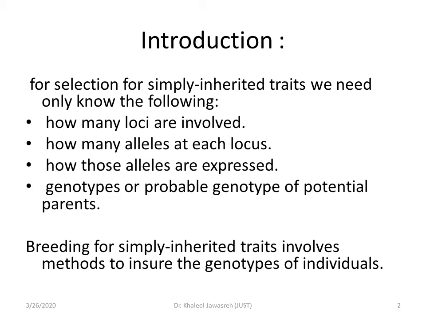So in some cases, we do need to select those animals to keep them to be parents for the next generation if they hold a certain favorable mutation. But in most cases, the mutation has a bad effect on the animal. So we do need, in some cases, to discard or cull them from the flock in order to protect the animals from genetic defects or any other diseases that can be caused by mutation.